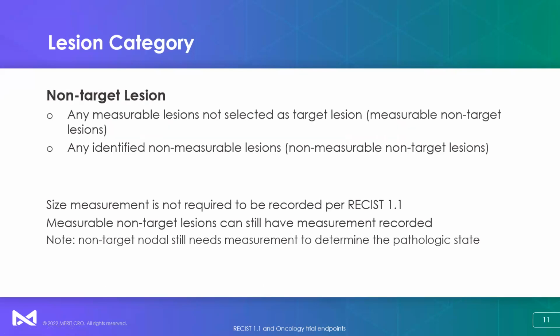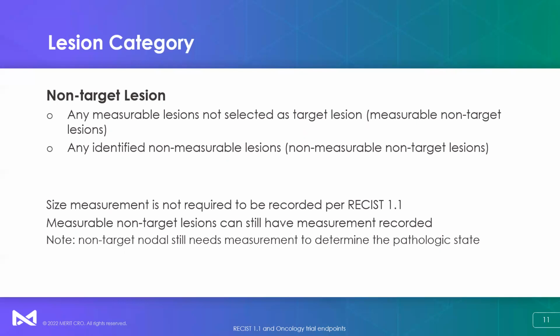Non-target lesions would be any measurable lesions that were not selected as target lesions, or any identified non-measurable lesion, due to the size or because of the presentation type of the lesions. Anything that's remaining at the baseline should be categorized as a non-target lesion. Because non-target lesions could be non-measurable, size measurement is not required to be recorded on the RECIST 1.1 form.